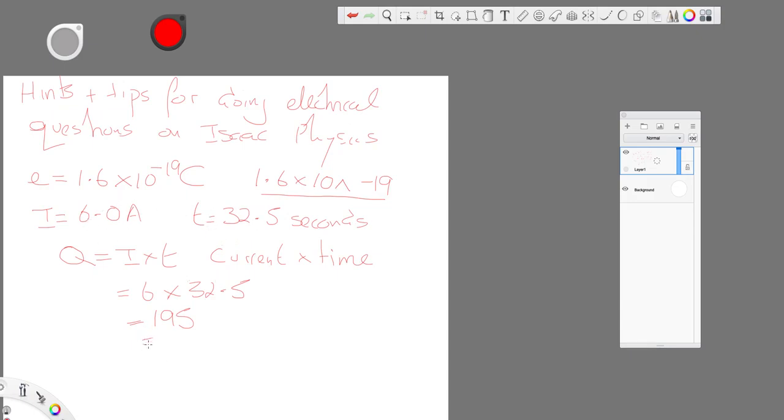So you'd have to say, well, that's going to be rounding up from the 5, so that's going to be 200 coulombs. So that's the second thing. And in fact, the third thing, because I've done 3 things.